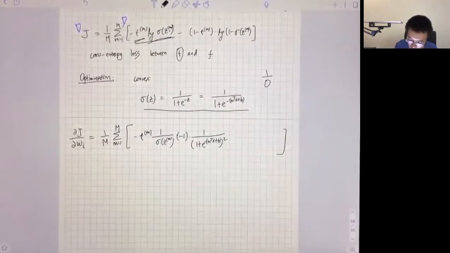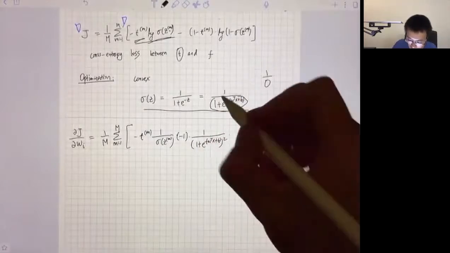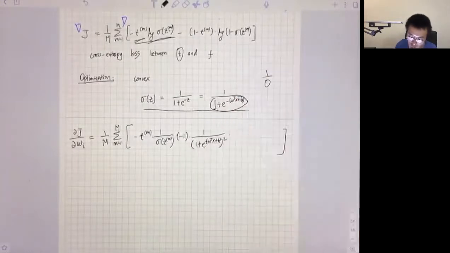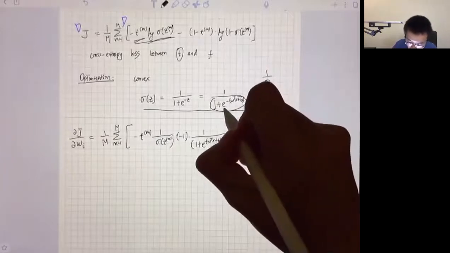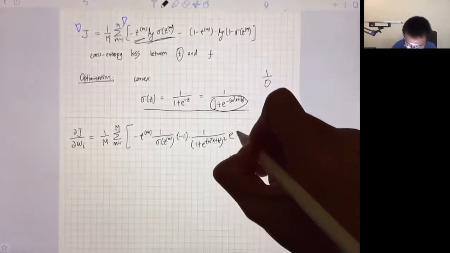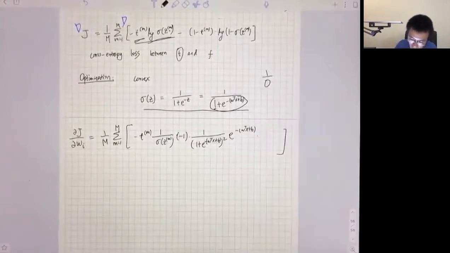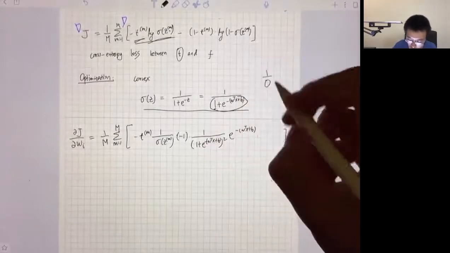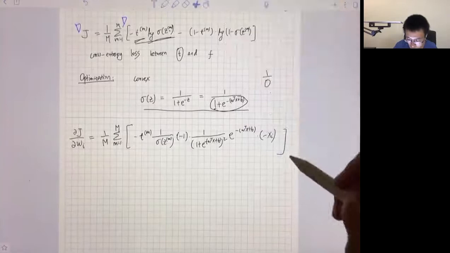Then I'm going to take the partial derivative of the denominator. This is the chain rule, right? When we take the partial derivative of the denominator, the first term vanishes because it's a constant. Then the partial derivative of the exponential of something is the same as itself. Then I will take the partial derivative with respect to a particular w_i. It will be minus x_i.